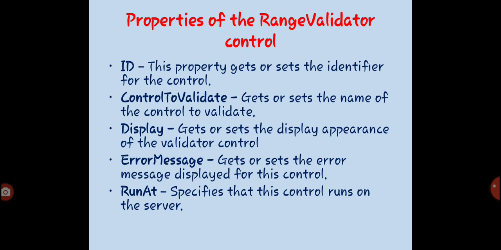Then runat is the attribute that specifies whether the control is a server control or a client control. For server controls, we say runat equals server. All the validator controls are server controls, so usually we give runat equals server.